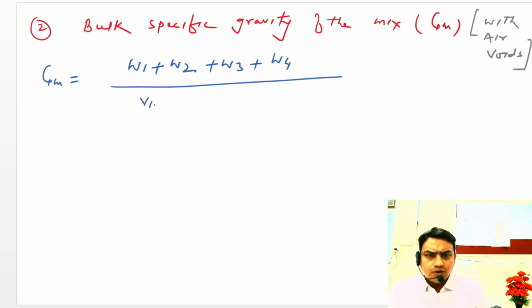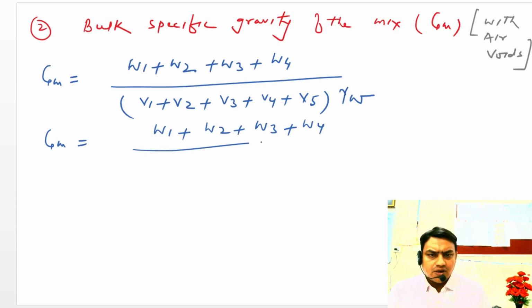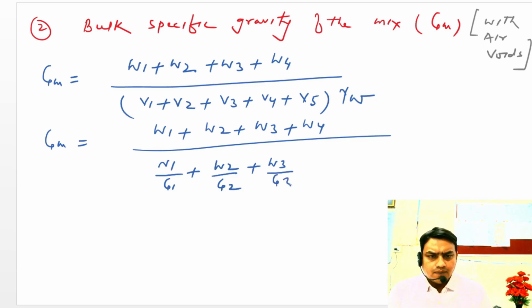So volume is V1 plus V2 plus V3 plus V4 plus V5 into gamma W. So Gm can be written as W1 plus W2 plus W3 plus W4 divided by W1 by G1 plus W2 by G2 plus W3 by G3 plus W4 by G4 plus V5 into gamma W, or volume of air VV it can also be written.